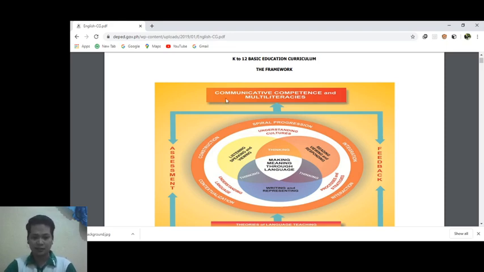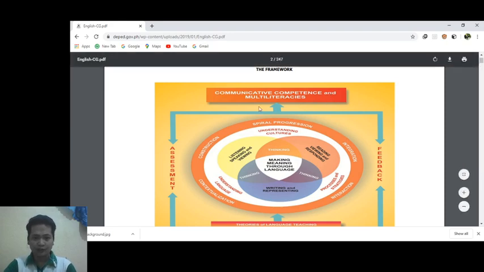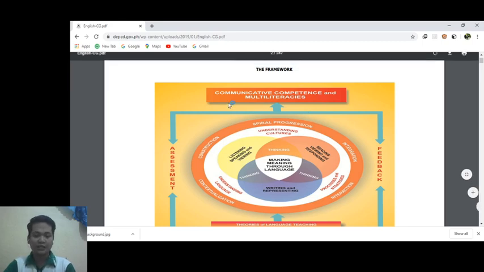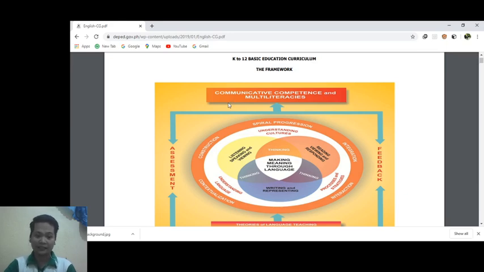As you can see here, this is actually the main goal of the K-12 curriculum guide. If the students graduate or finish grade 10, they are expected to display this competence, right? They must have the communicative competence and multi-literacies.